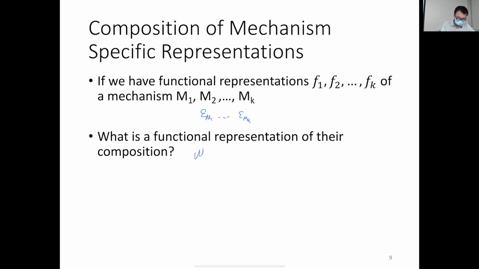What is the RenEDP as a function of m1 to mk composed together? And similarly, suppose we have the privacy profile for m1 and the privacy profile of mk. What is the privacy profile of m1 to mk after they are composed?